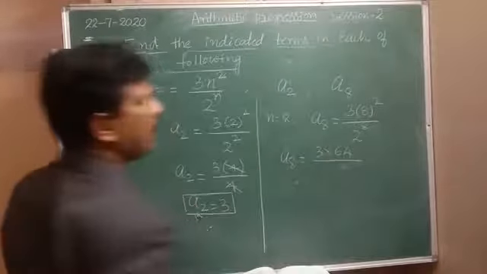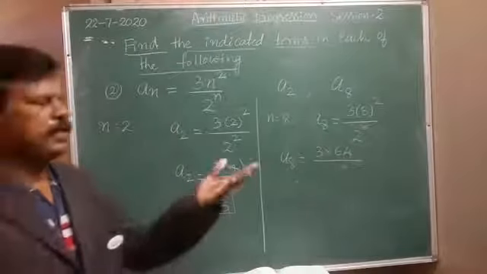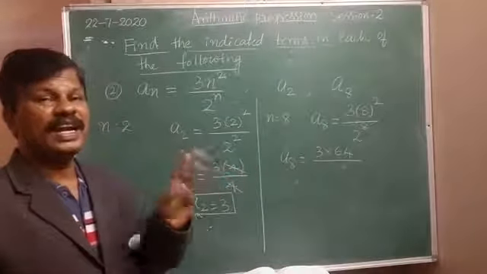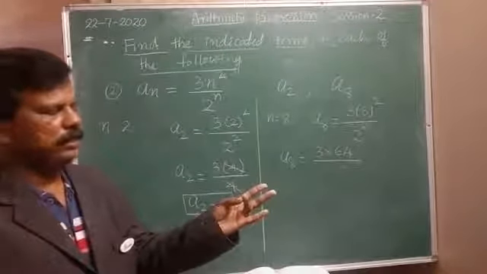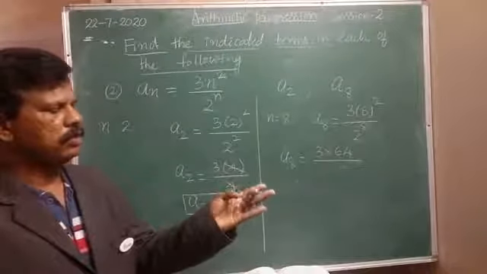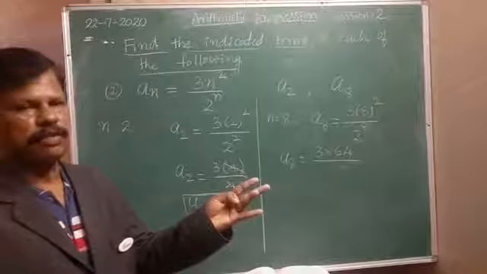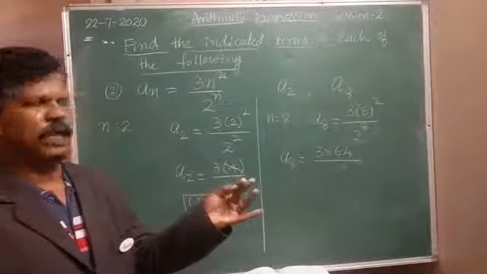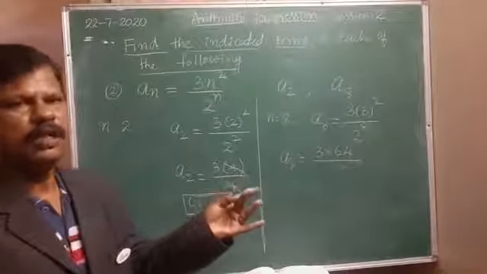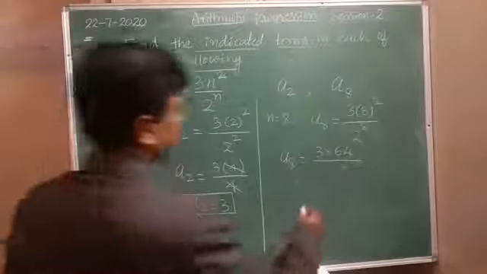Then 2 to the power of 8 means you should multiply 2 eight times. 2 twos are 4, 4 twos are 8, 8 twos are 16, 16 twos are 32, 32 twos are 64, 64 twos are 128, 128 twos are 256.